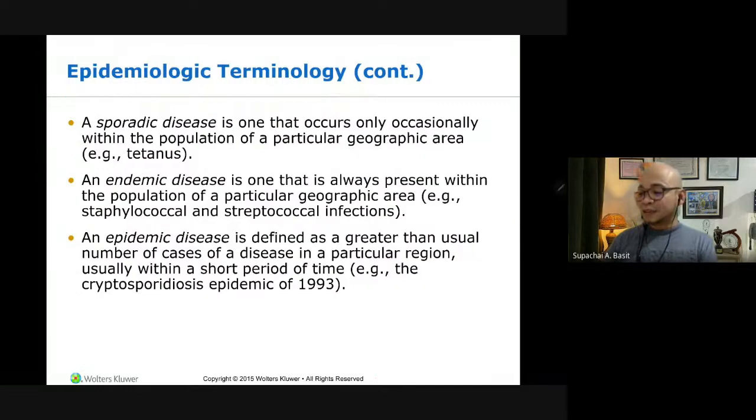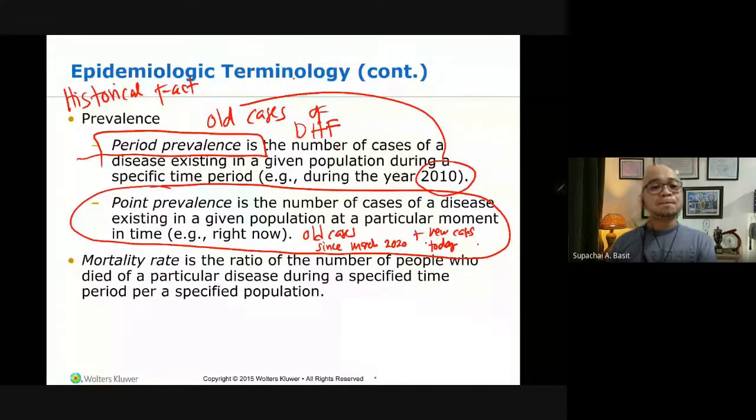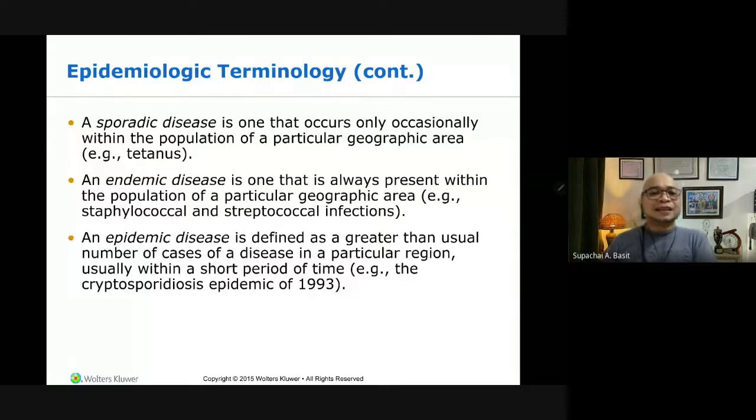Okay, so that is the mortality rate. All of these you can actually find on the DOH website, or even on the Facebook page of DOH if you follow them. They're releasing the results on a weekly basis.